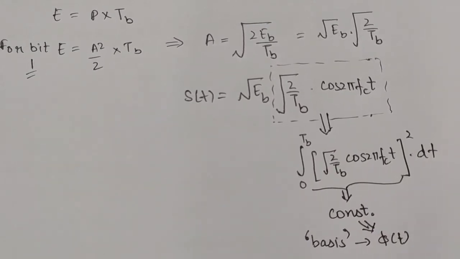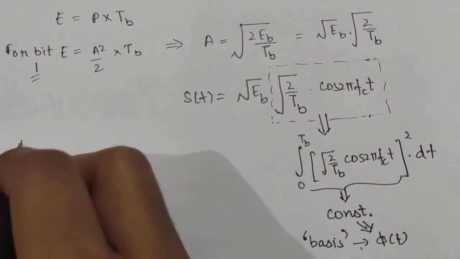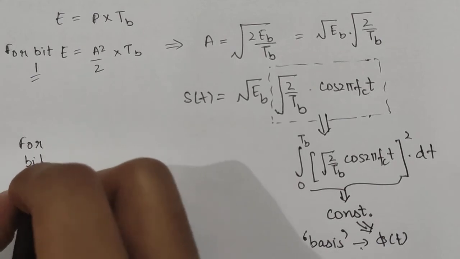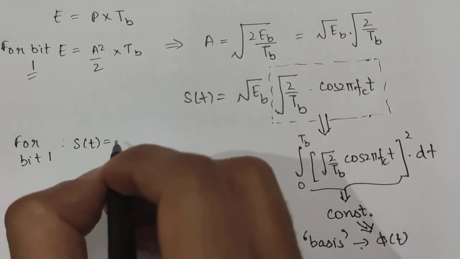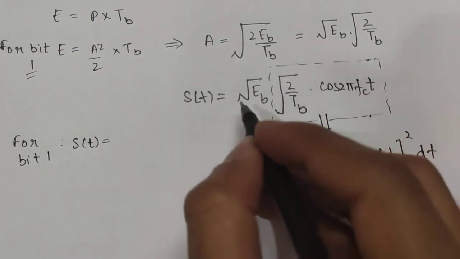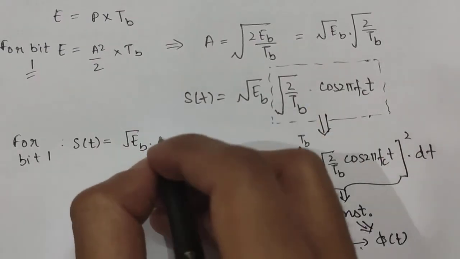The English meaning of basis is foundation. So this forms a foundation here, as on multiplying with this basis function we will get a unique signal, right? So as we have calculated for bit 1, I will write here for bit 1 we got S of t as root EB, and this was a constant term represented as phi of t.